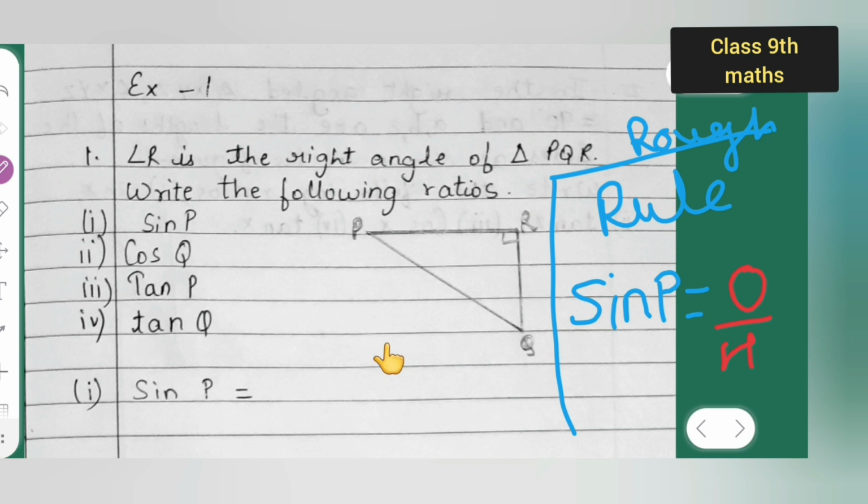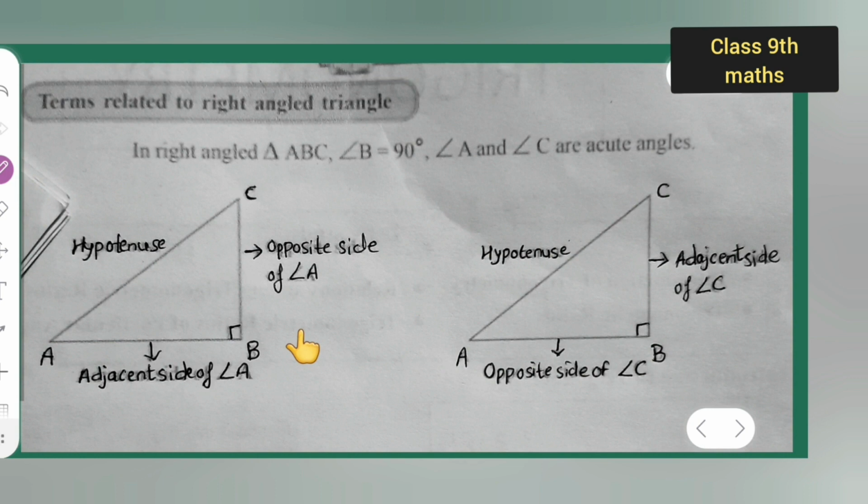Now before looking at exercise 1, I need to give you all the important points first. This was taught to you in the previous lecture 1. In right angle triangle ABC, you'll have to know which is the opposite side and which is the adjacent side.